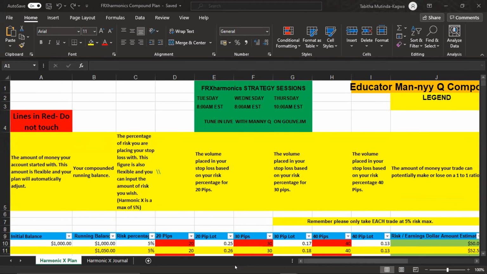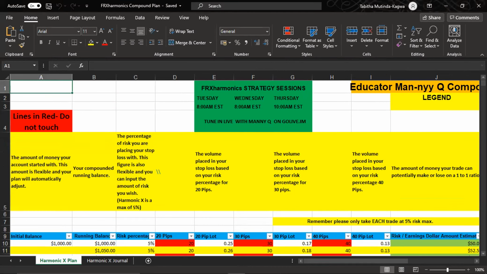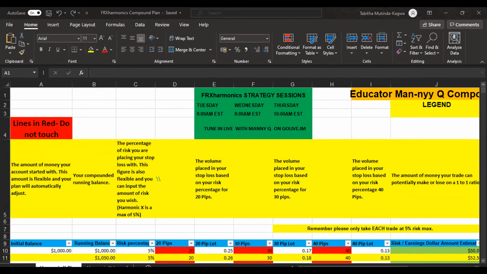It should be on an Excel sheet. Can you see my screen? I can't find the chat. Where's the chat from? Wait, let me stop share and start again. Right, let me do this first.